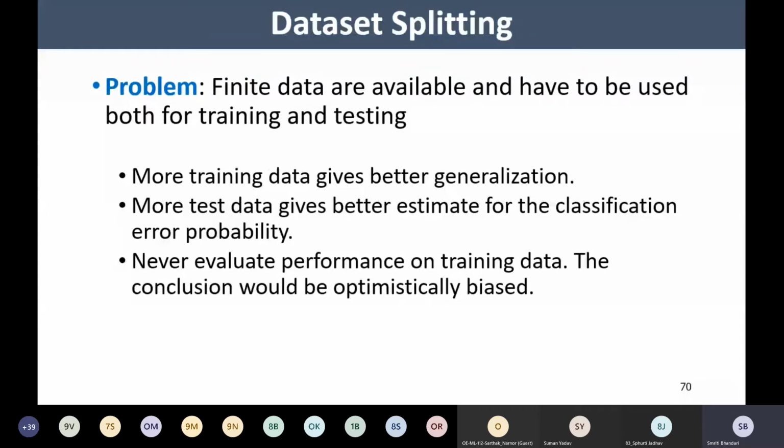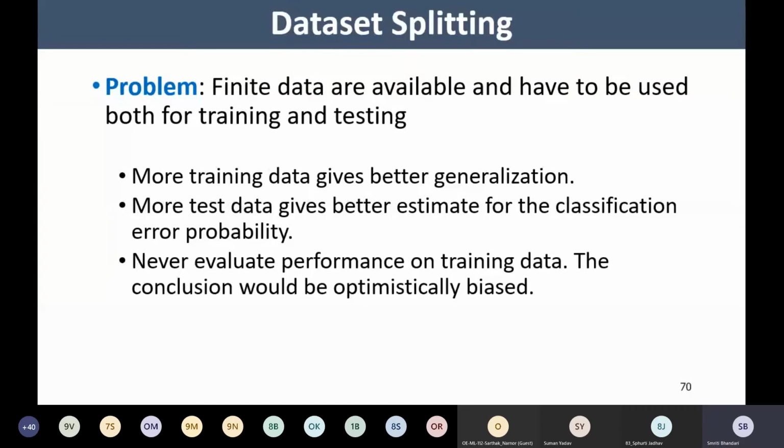If the same questions are asked, there are chances that we get the correct answers. But we should always evaluate the performance of our model on some unseen samples. That is why we should have two different data sets, training and testing, right?